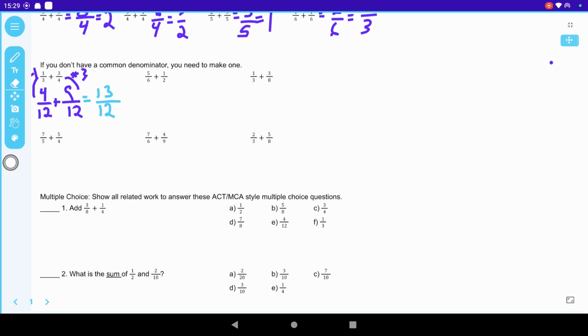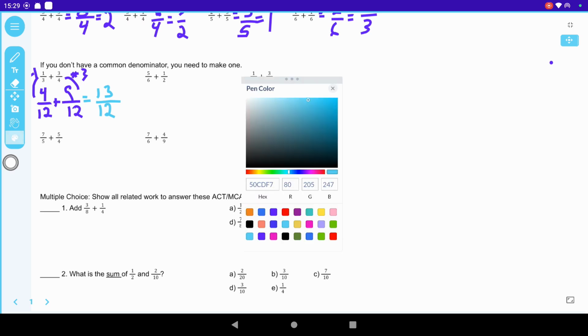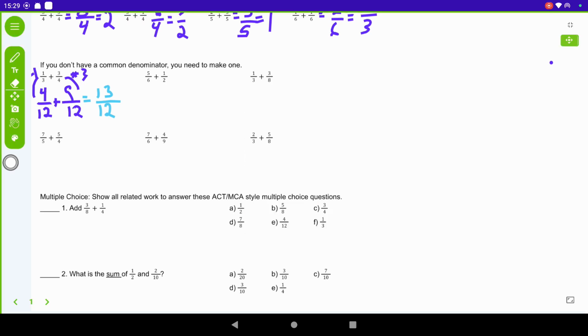Alright, I'm going to work through a few more examples with you here. Next one we've got is 5 over 6 plus 1 over 2. In this case, we're looking for what numbers do both 2 and 6 go into. And 2 goes into 6, so 6 is our common denominator. So on the left side, what do I multiply 6 by to get 6? 1.